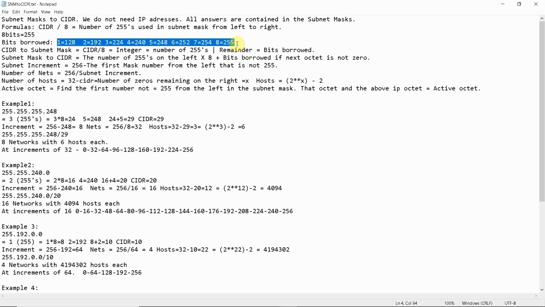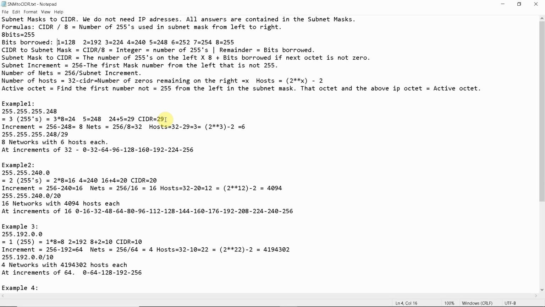Basically, with these other little rules, that's it. So 5 is 248. That's going to give us 24 plus 5, and that's going to give us 29.